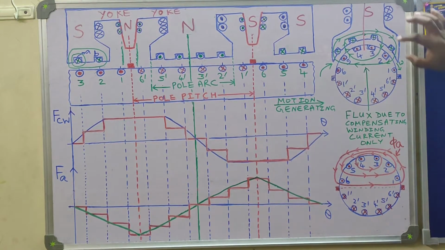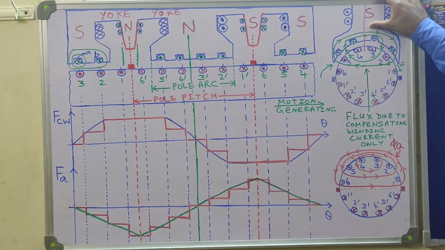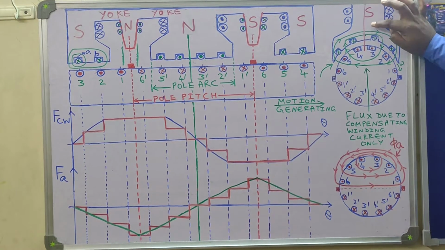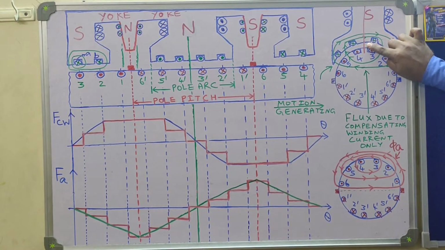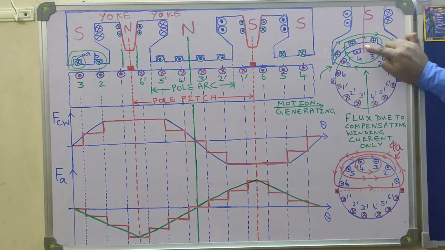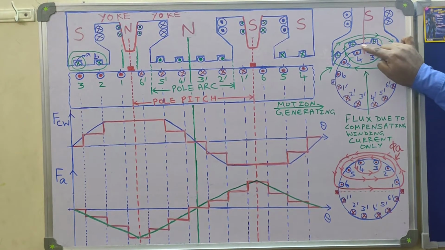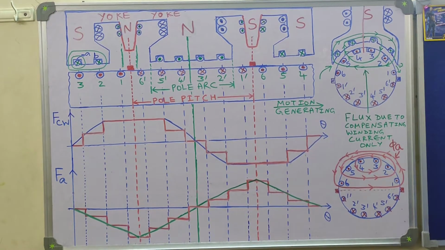What I want to say is that as far as the pole center is concerned, you will find that no lines of flux due to compensating winding current are either entering or leaving the pole center. This is the pole center, no lines of flux are leaving or entering due to the compensating winding current.